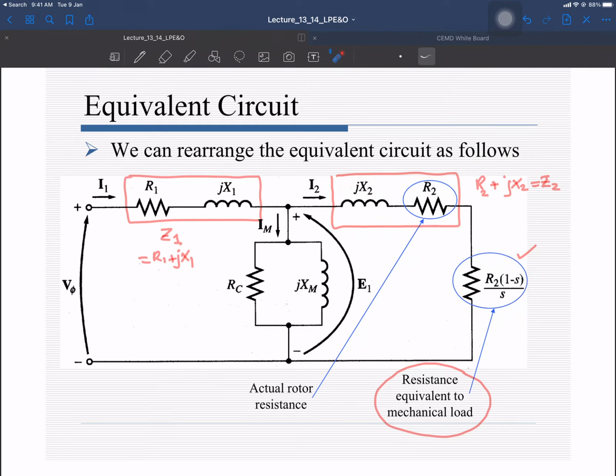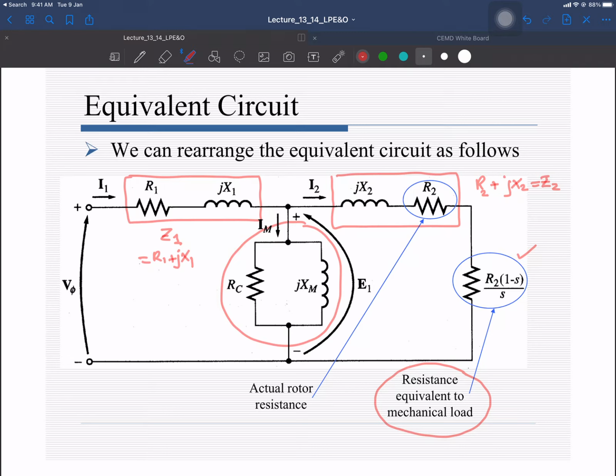So R2 into (1 minus S) by S is the resistance used for the mechanical power. Then coming towards this branch, this is the magnetization branch and represents the magnetic losses: hysteresis loss, eddy current loss, and magnetization loss in your induction machine.